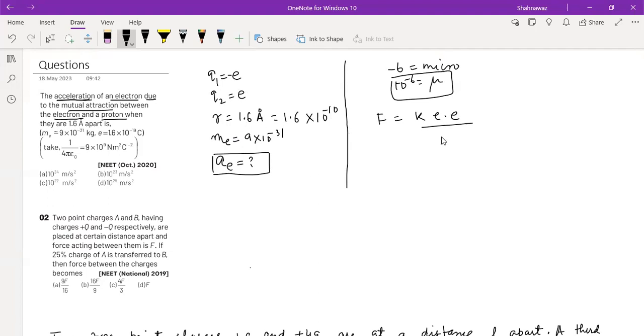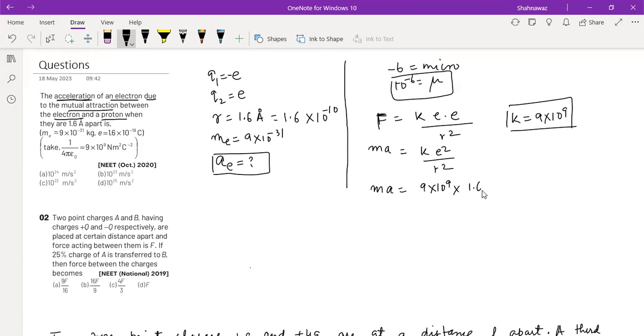This force would be mass into a, since the electron is accelerating. So m a equals K e square by R square. K is 9 into 10 to the power 9.